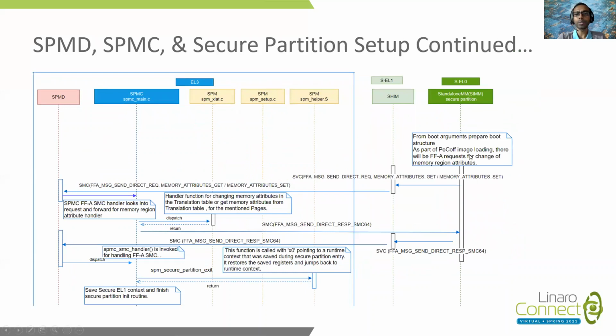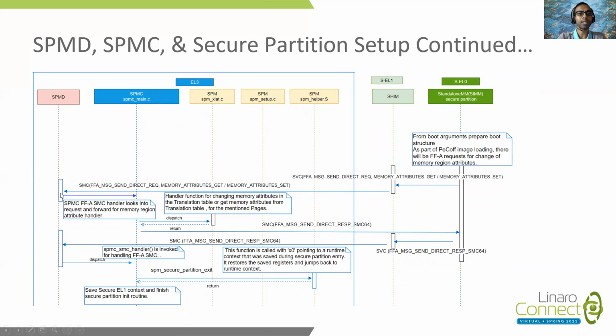On doing so, STMM will make an FFA direct message ABI request to the Secure Partition Manager, which has the authority of manipulating the memory region attributes.